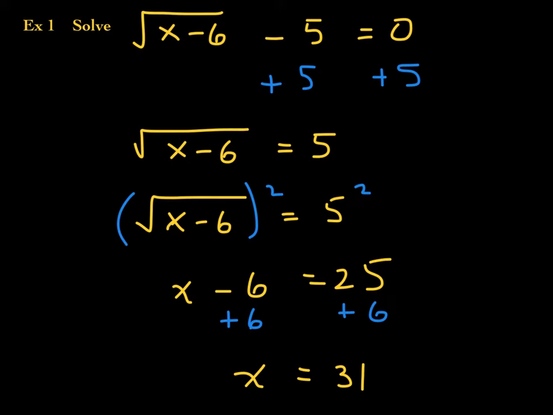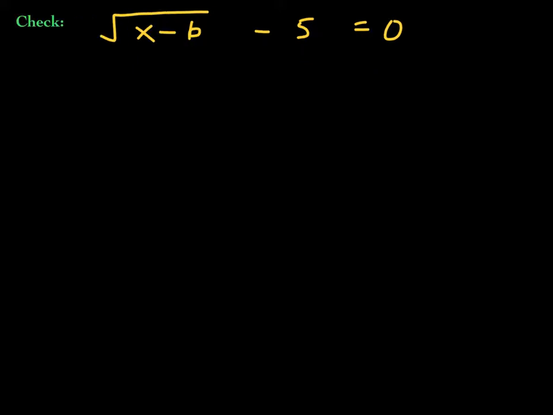It's now time to check my answer. Here's my original equation, and I'm going to substitute in my proposed solution of 31. That's what we got. So I'm substituting in 31 for the variable, and simplifying the left-hand side to confirm that it's 0.